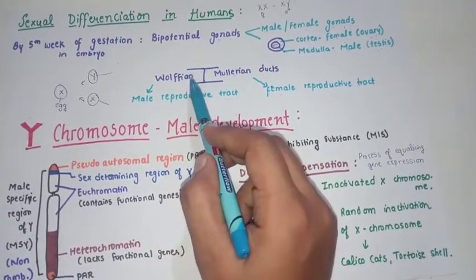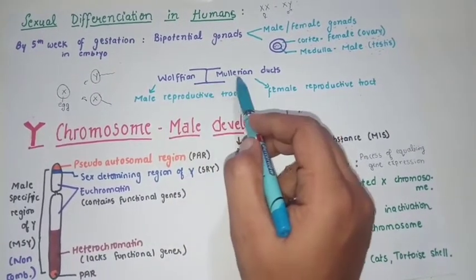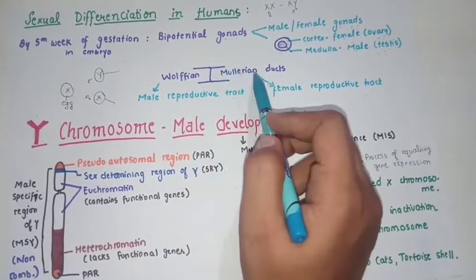Also, there are two sets of ducts, called the Wolffian and Mullerian ducts. These are present together.